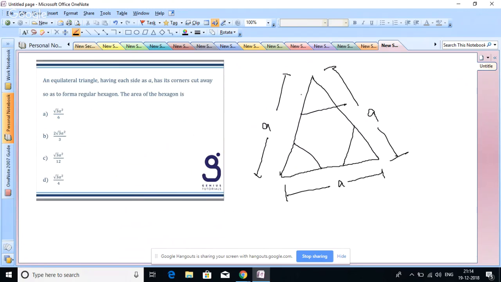That means this is A by 3, this is A by 3, A by 3, A by 3.